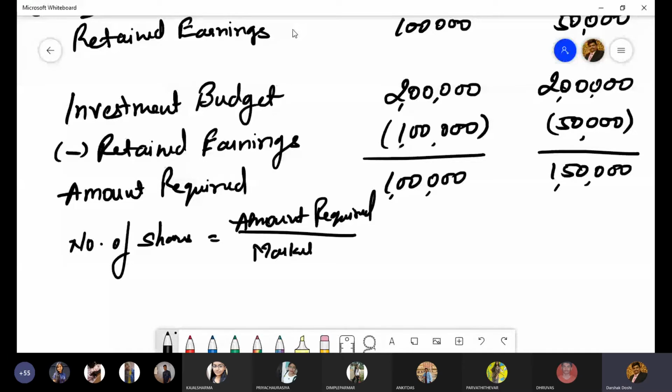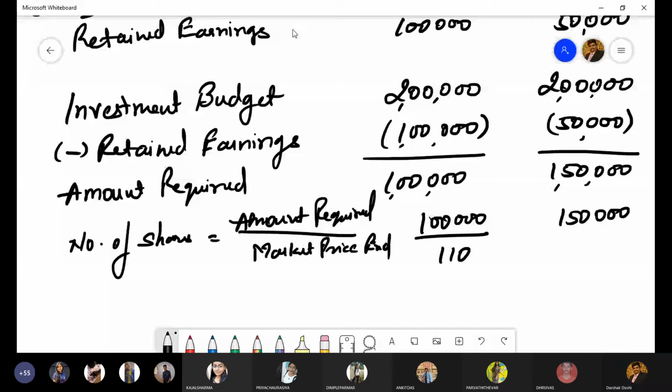In the first column it will be 1 lakh divided by 110, and in the second column it will be 1,50,000 amount required, and the market price at the end for dividend declared is 105. The answers will be somewhere 909.09 and 1428.57. Now this is shares.